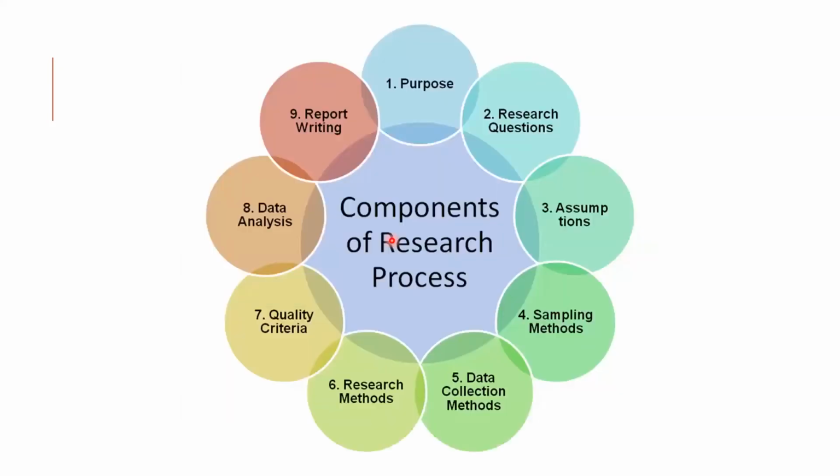All right. So I can mention again the components of the research process. You can see here that there are nine main points you need to keep in mind. The first point is the purpose. You need to know the research question, the assumptions you have, the sampling method, the data collection method, the research methods, the quality criteria, data analysis, and report writing.